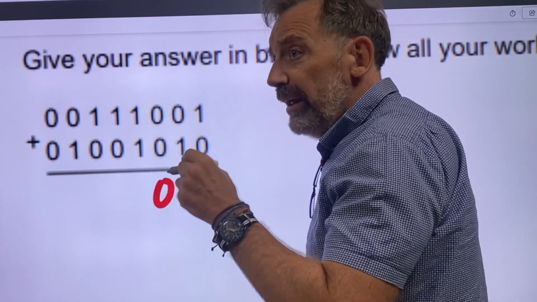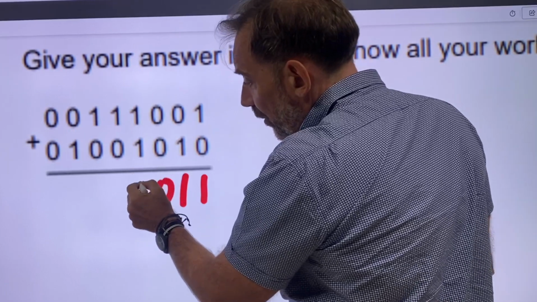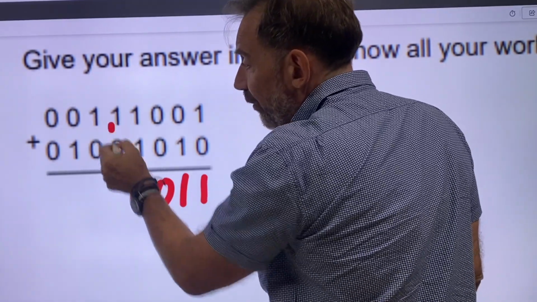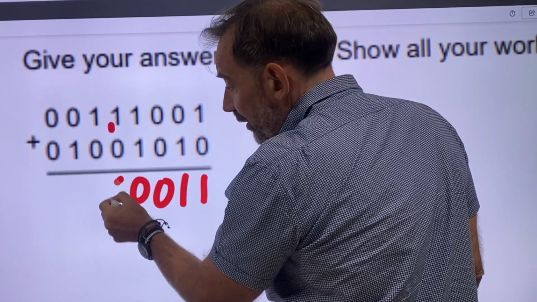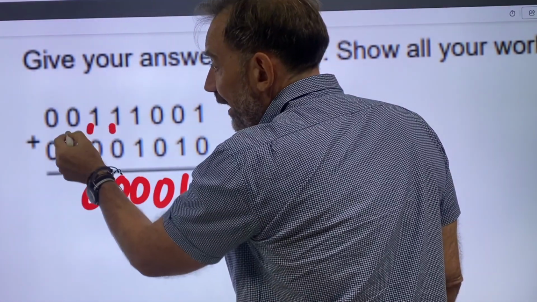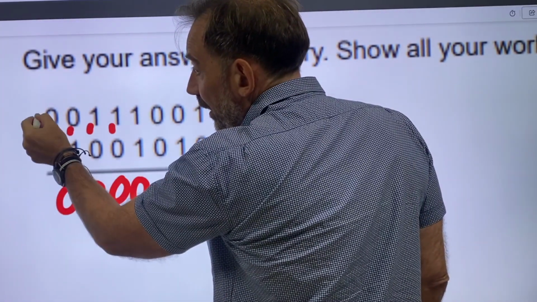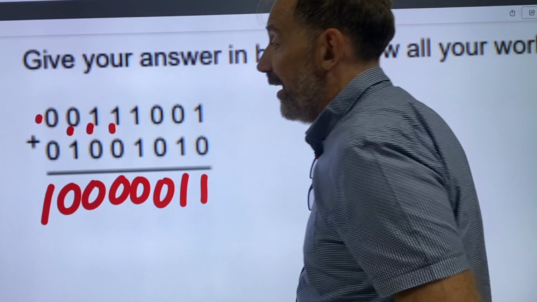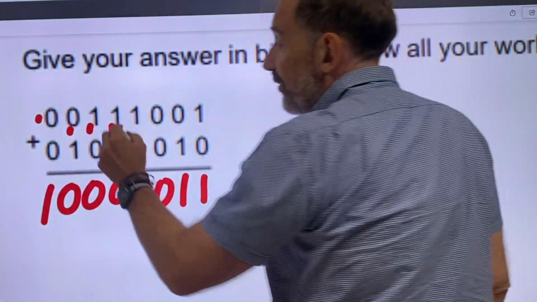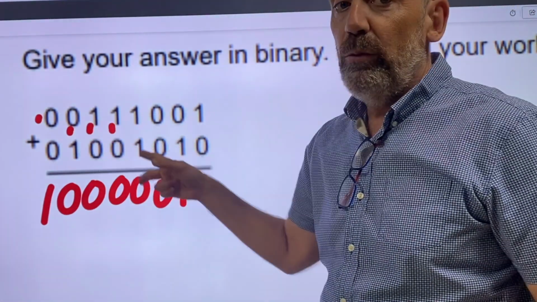But 2 is represented as a 1, 0. So we do 0, carry the 1. 1 plus 1, again 0, carry the 1. 1 plus 1, 0, again carry the 1. 1 plus 1, 0, and then carry the 1, and we've got that. Now your working out can simply be those 4 representations of 1.